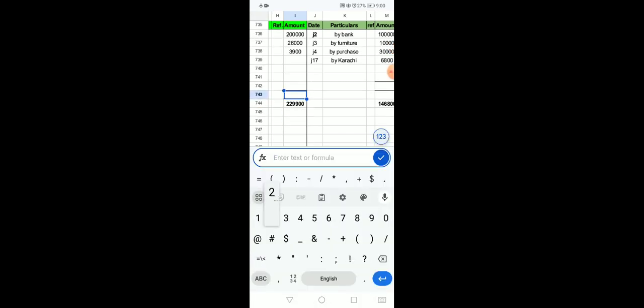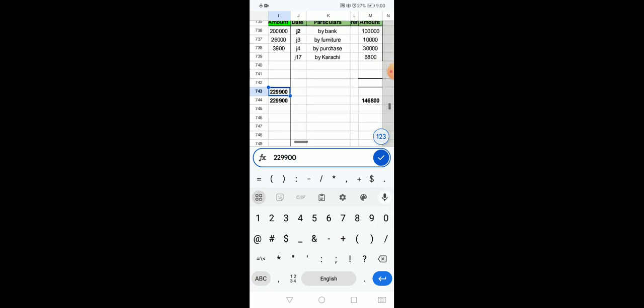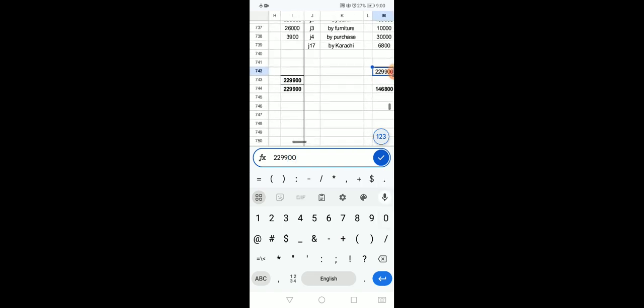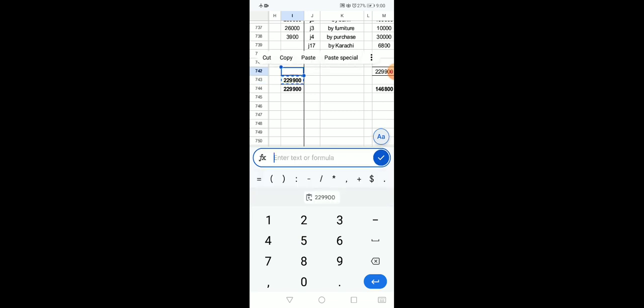On the debit side, now write 229,900, and the same amount you are going to post on the credit side as well, 229,900. This amount needs to be written just parallel to the other side. So in total, you have mentioned 229,900 on both sides.